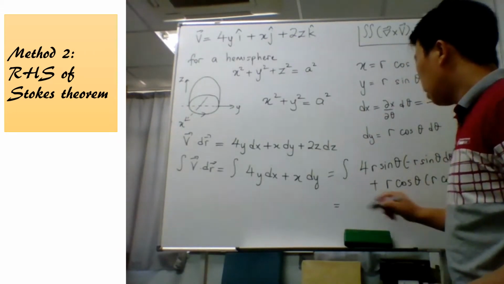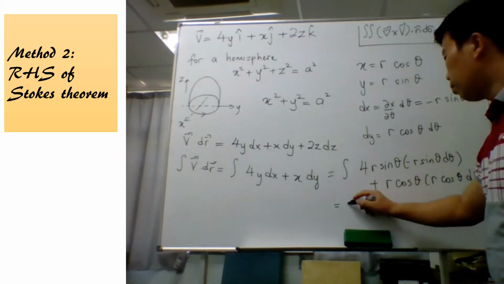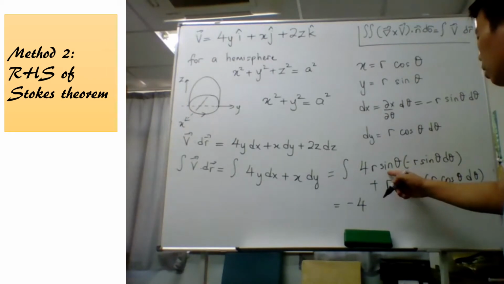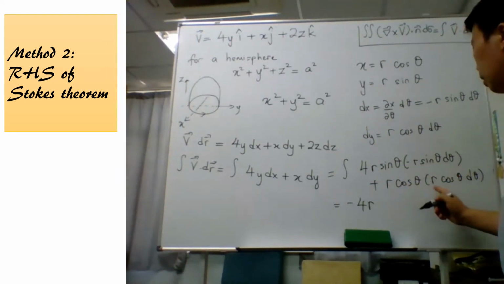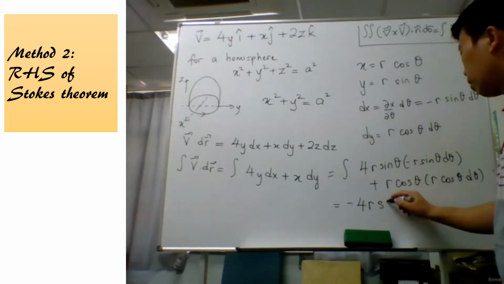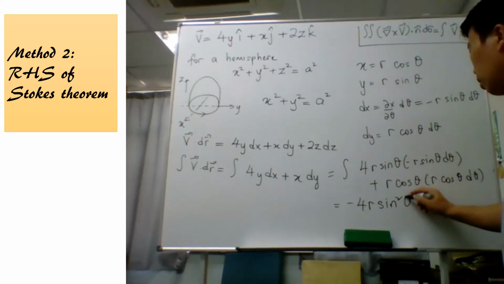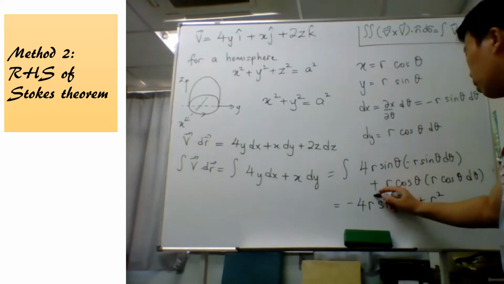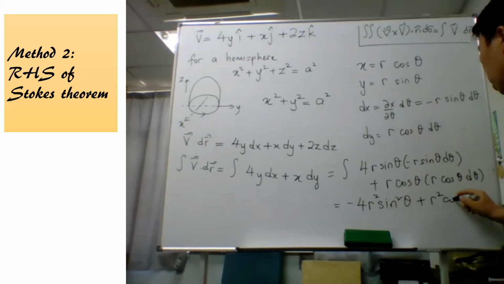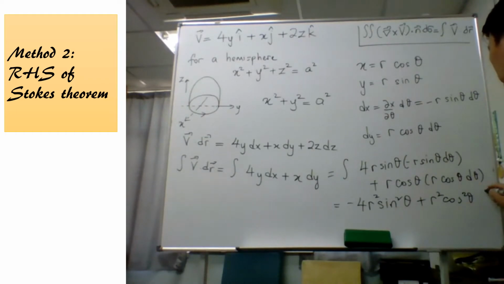Here you will see that this is going to be minus 4, this is sine squared theta, and this is r squared cos squared theta d theta.